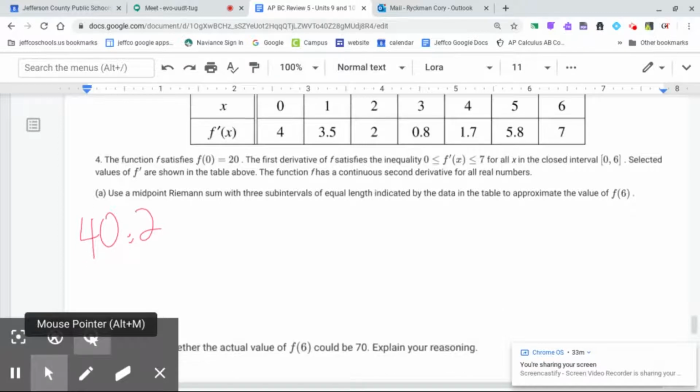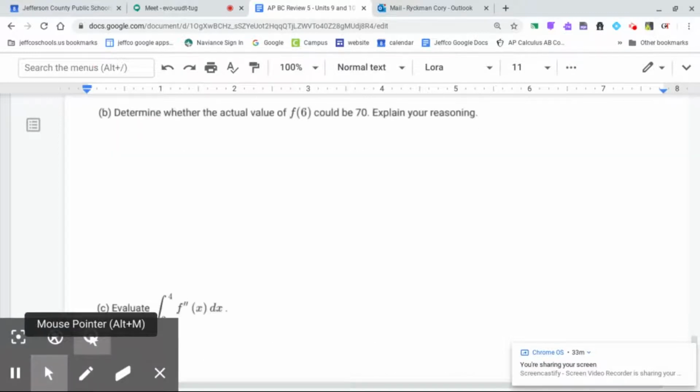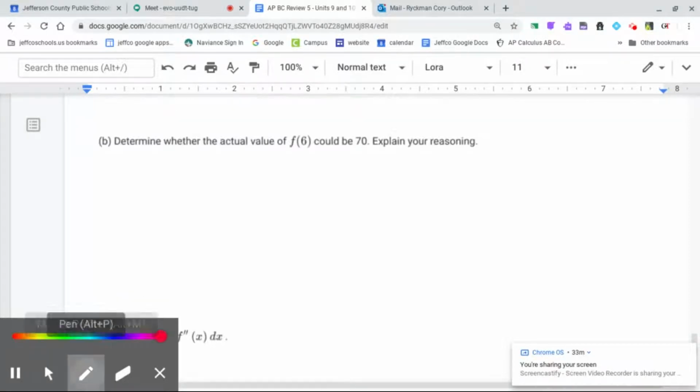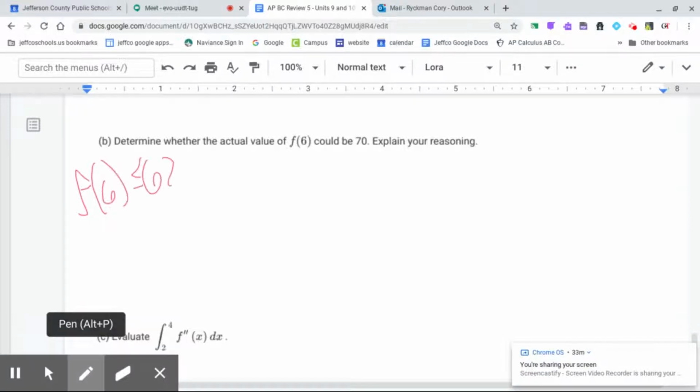For B, it was more of a proof, but I got F at 6 must be less than 62. Really a cool proof, elegant you would call it. And it was fun, and that was a really cool problem. I enjoyed that thoroughly.